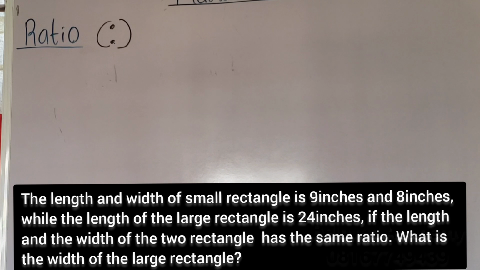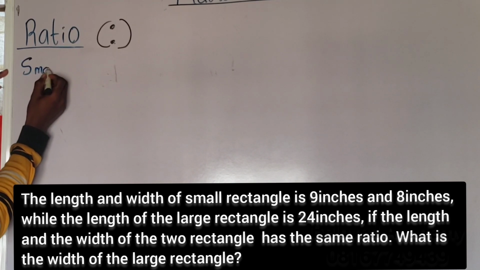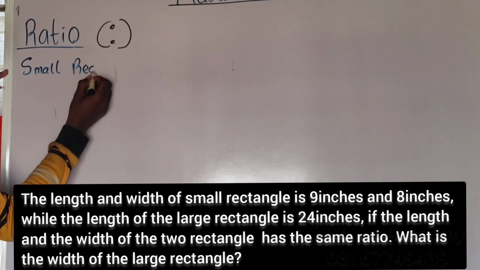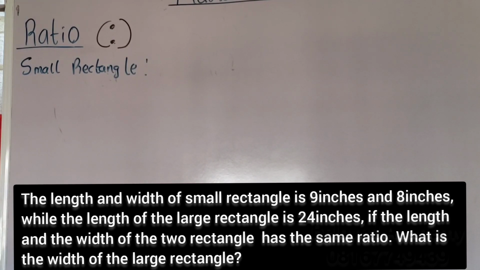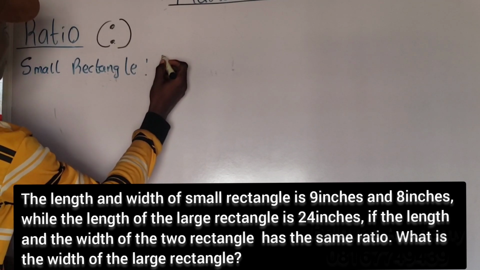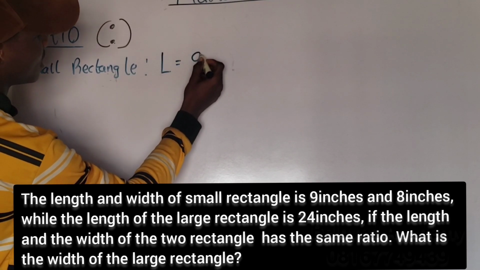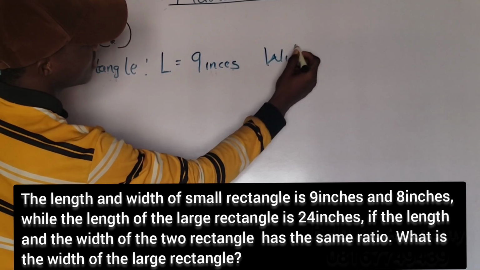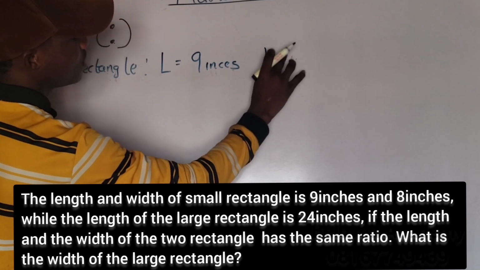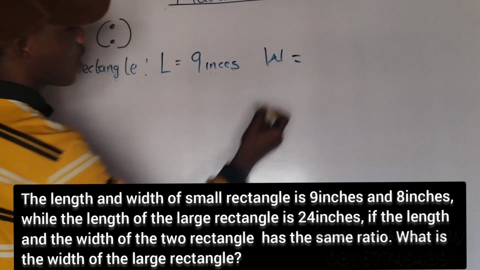We are given that the length and the width of the small rectangle are 9 inches and 8 inches respectively. Okay, let me put it. The small rectangle has a length of 9 inches. Length is equal to 9 inches and width, let me just put it as W, of 8 inches.